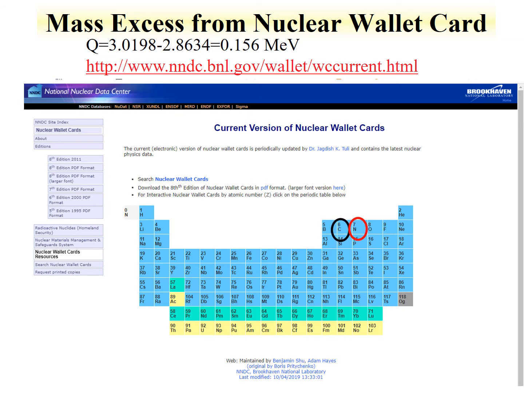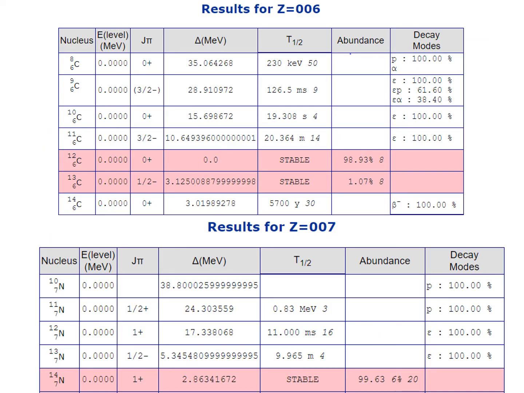Find carbon and nitrogen as they are shown here, and click on them in series. So you would select carbon, get the data, select nitrogen, then get your data. And this is what it would look like, shown here. This is Z of 6, so that's carbon. The data, mass excess in MeV, is shown here.